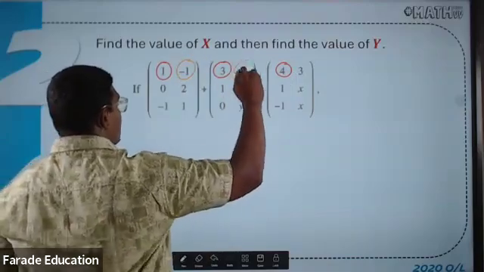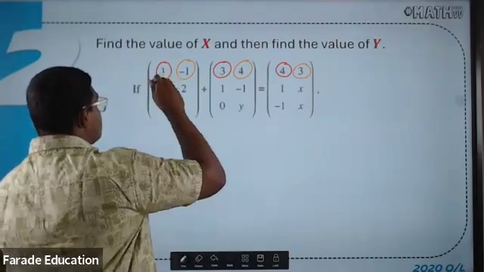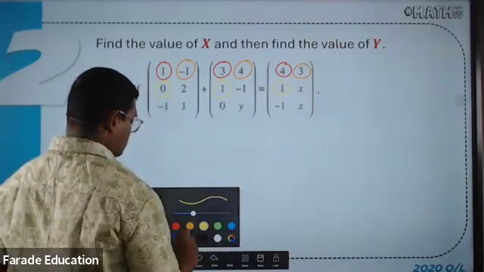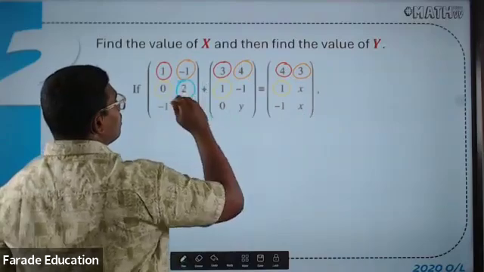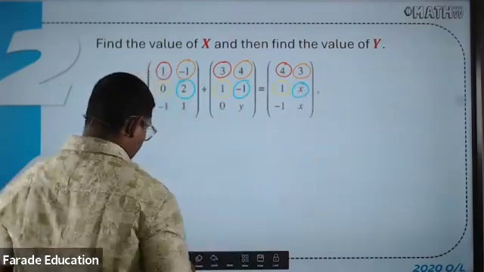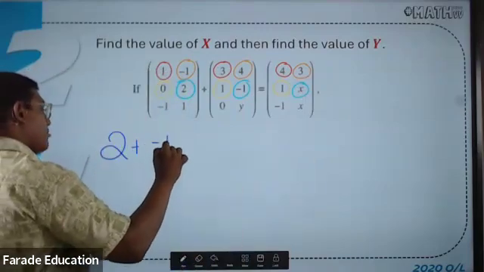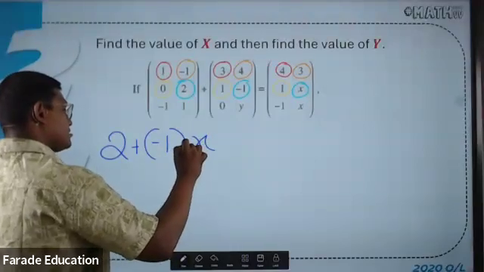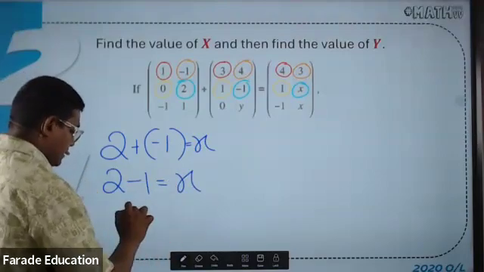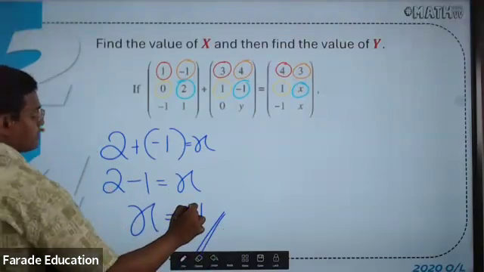Minus 1 plus 4 is 3. 0 plus 1 is 1. 2 plus minus 1 is x, so I will write it: 2 plus minus 1 equals x. I can write it as 2 minus 1 equals x. X equals 1. That is the value of x.